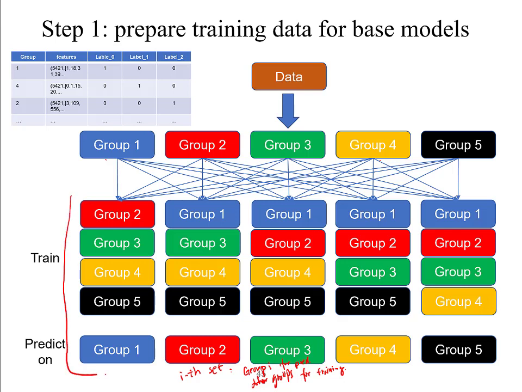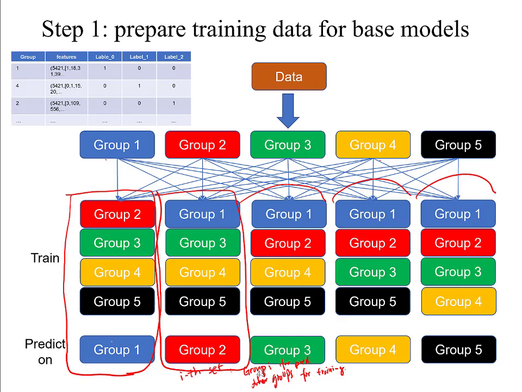So basically, we would have 5 different sets. Each of them would be used to train not one, but a set of base classifiers, and this one would be used to generate the prediction of that base classifier. The prediction will be used to form the meta features that are used to train the meta classifier.